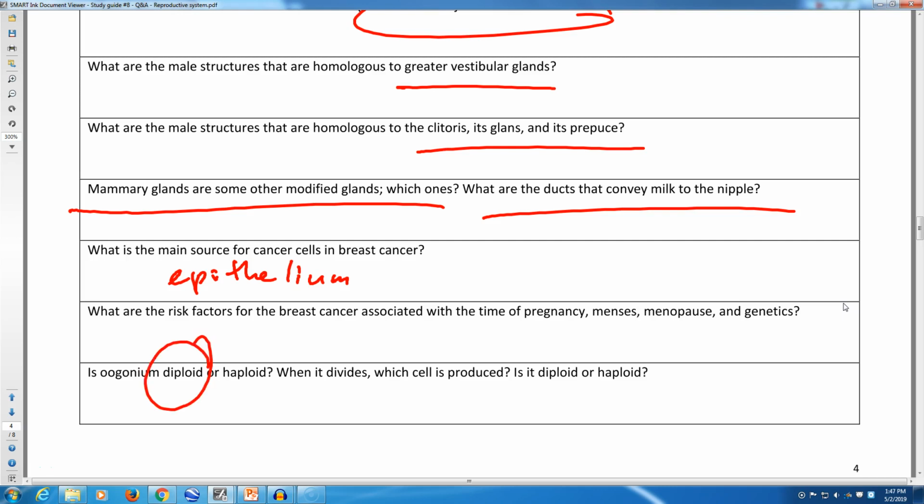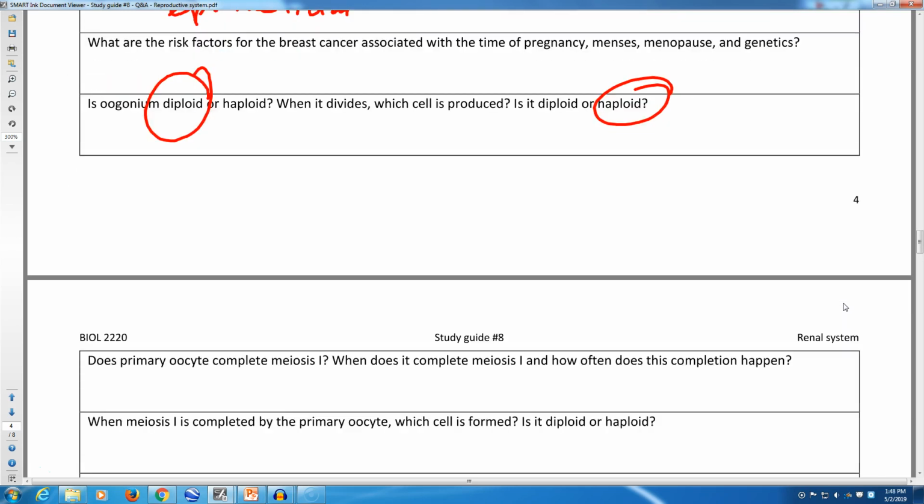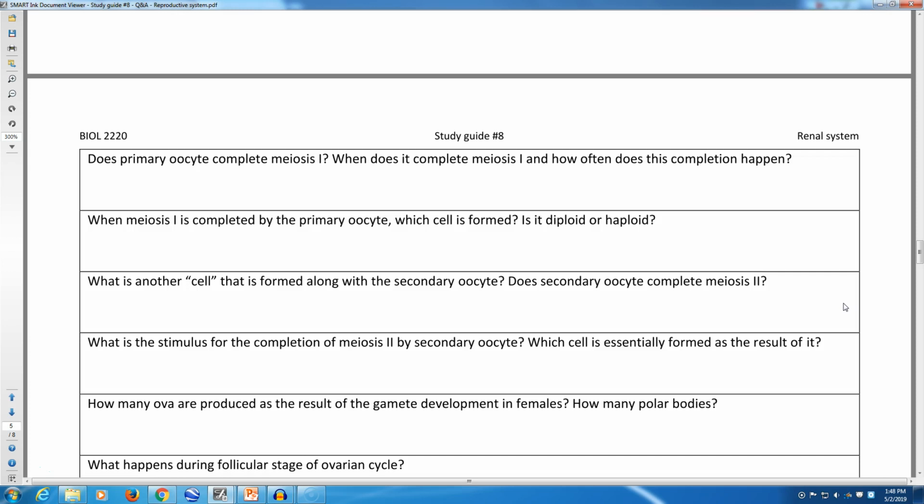Oogonium is diploid. When it divides, it produces the primary oocyte. Primary oocyte does not complete meiosis 1. It completes it every month. That's ovulation. When meiosis 1 is completed, the secondary oocyte is formed.